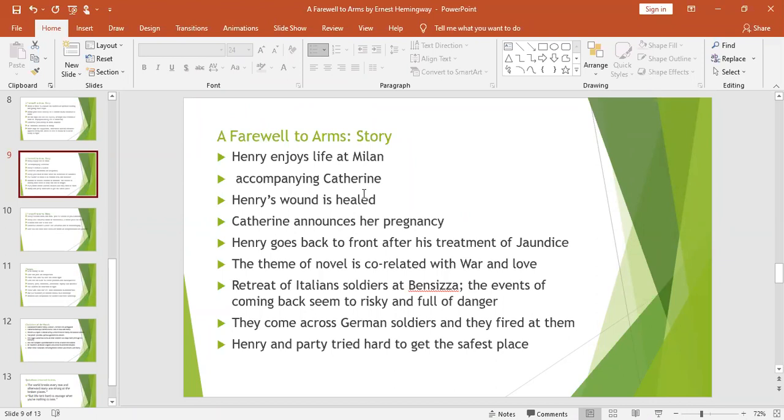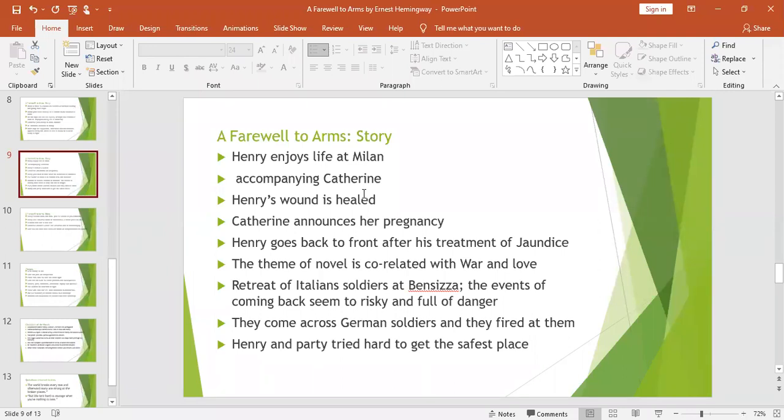And it is very difficult and dangerous to reach Milan, because the enemies are fighting, there is bombardment from Austro-Hungarian soldiers, and then from the German soldiers. So they have gone through many trials and tribulations to reach Milan.